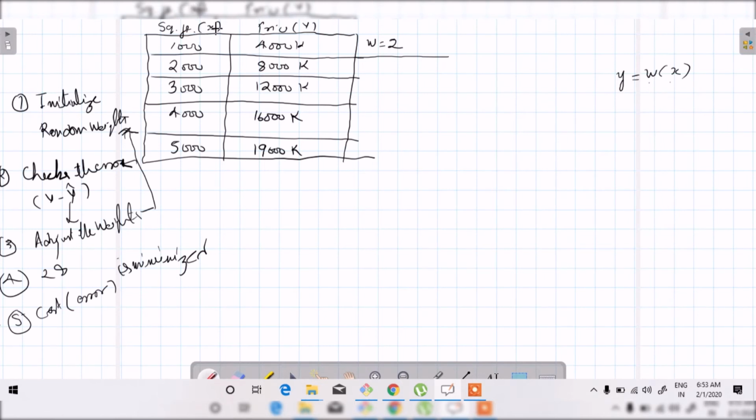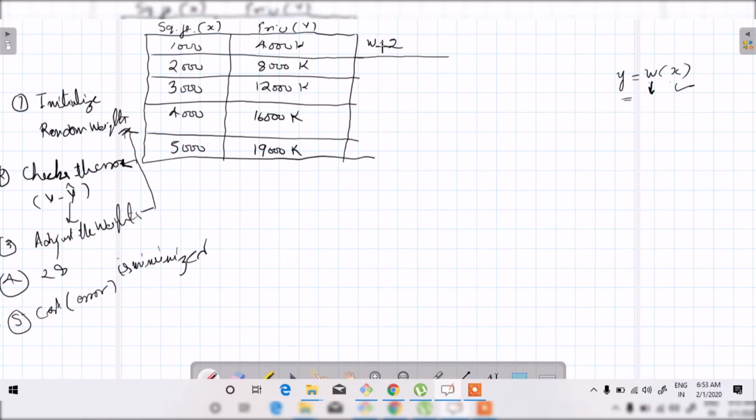So when we multiply some weight w, which is our parameter or coefficient, with the input x, we can get the value of y.